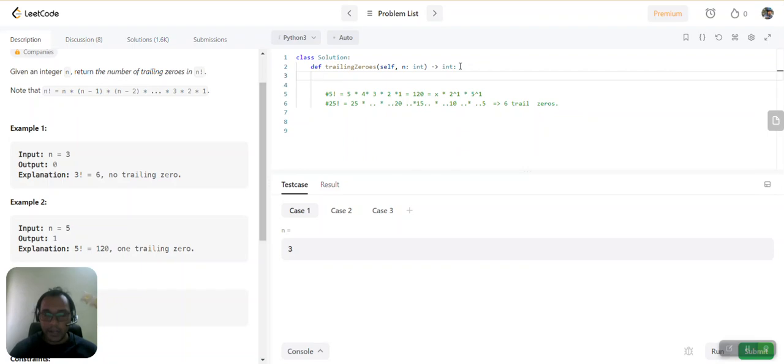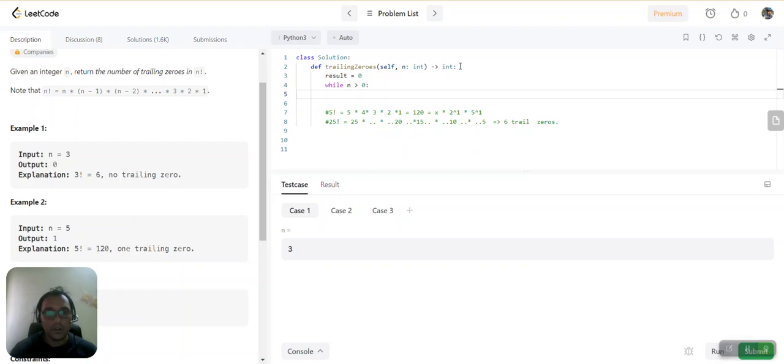We have a given number n, so let's do a while loop: while n is greater than 0. Let's take a result variable which will hold our number of zeros, equal to 0. Result equals result plus, or we can do a direct plus equals to n by 5.